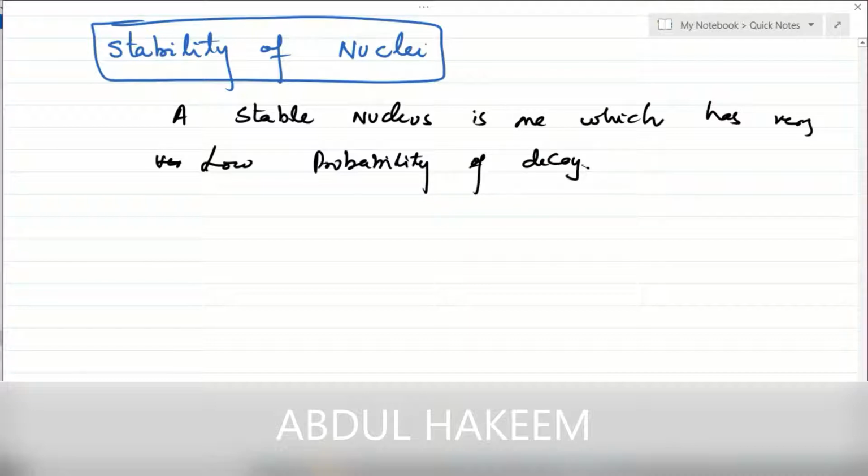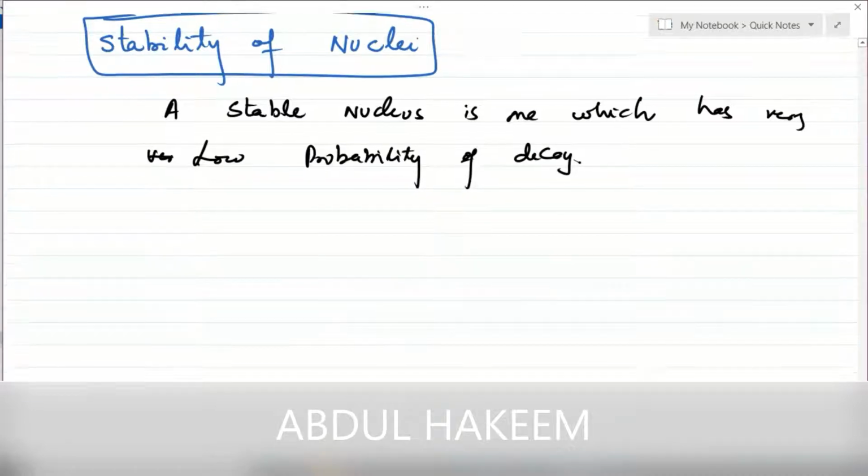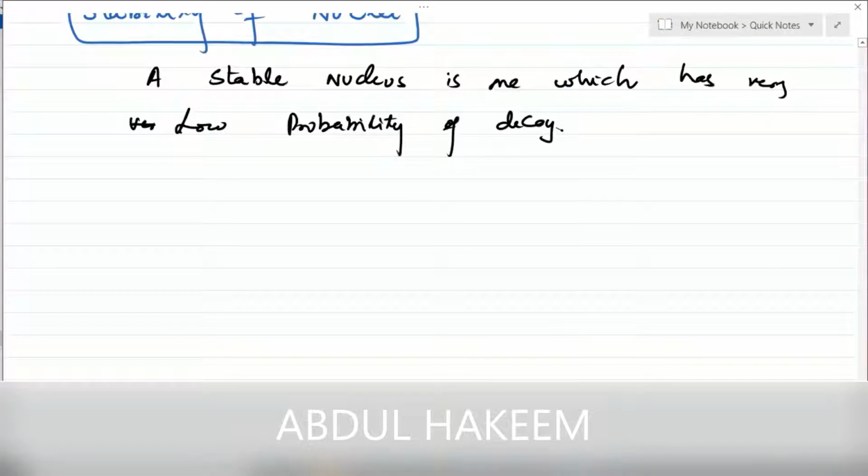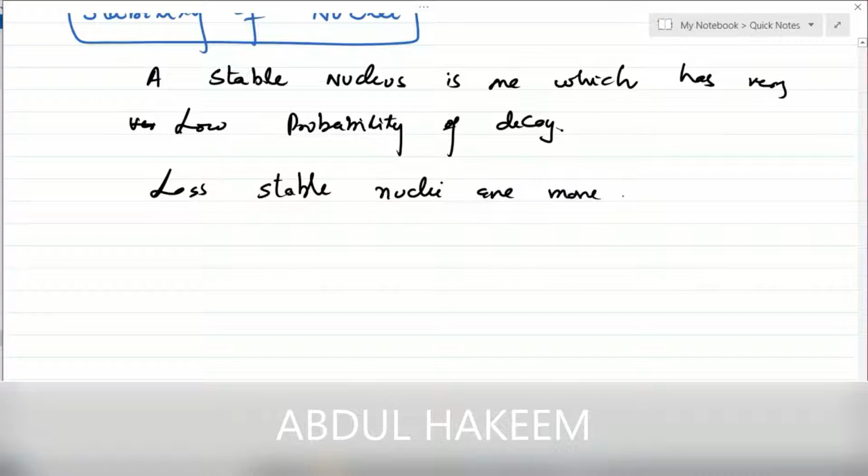I mean, the chance of decay of the stable nucleus is rare. And the less stable or the least stable nuclei are more likely to decay or disintegrate.